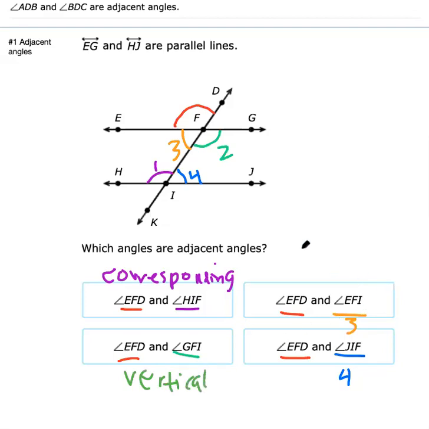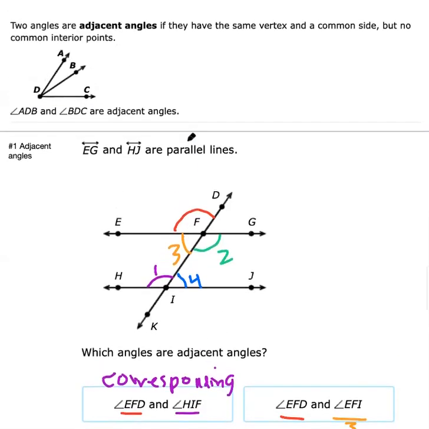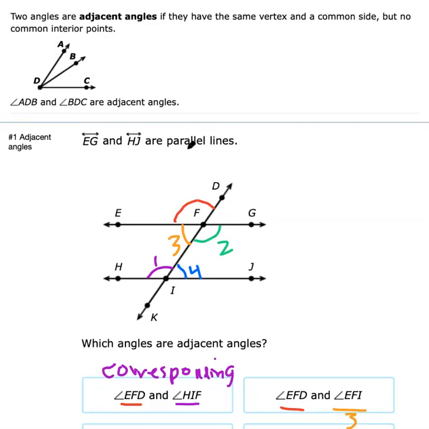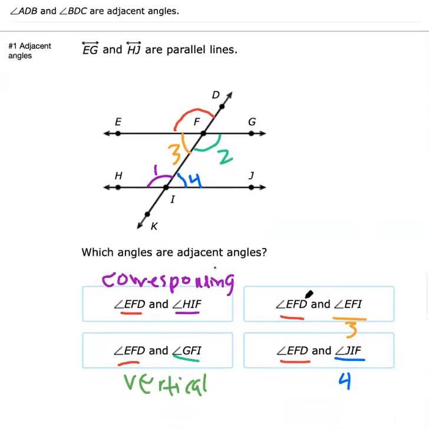Okay, this next one right here, let's go back to the definition again. Two angles are adjacent if they have the same vertex and are on a common side but no common interior points. So they're almost like connected together somewhat. Looking at this image, it would look like this here. So number 3 is going to be yes.